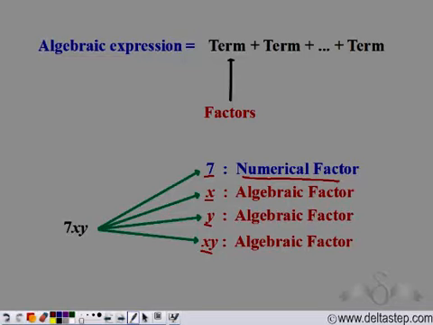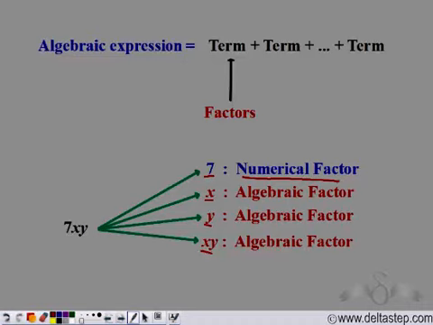So if we consider the term 7xy, 7 is a numerical factor of this term, x is an algebraic factor, y is an algebraic factor, xy is an algebraic factor. So these are some of the factors of the term 7xy.